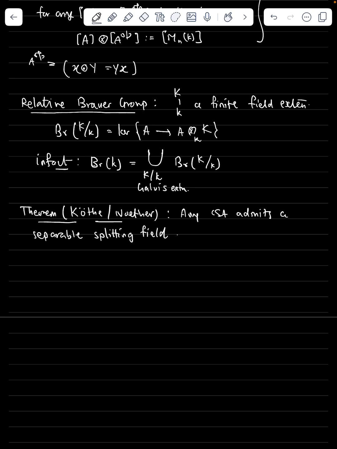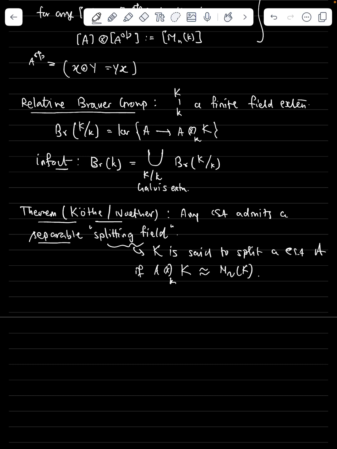And separable means the usual definition in field theory, but this splitting field is a bit different. So let me define. A field L is said to split a central simple algebra A if A tensor L is isomorphic to a matrix algebra.